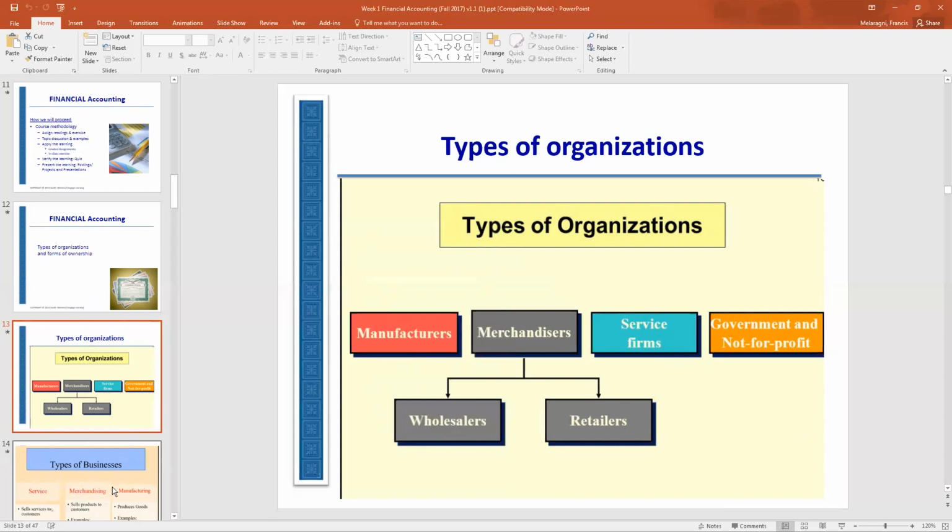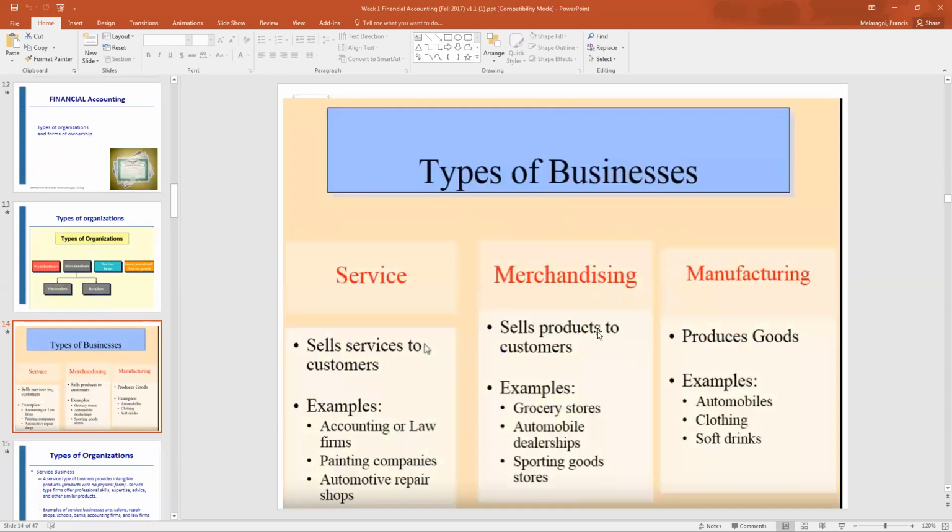So let's make sure that we clearly understand what each of these types of businesses are. So a service business sells services to customers. So a law firm, accounting firm, painting company. A merchandising company basically resells other companies' products to consumers. So grocery stores, automobile dealerships.